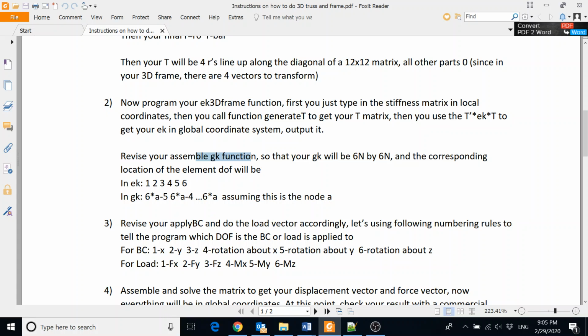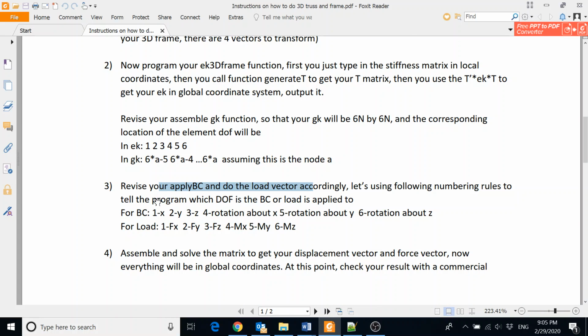After you do that, you get your apply BC and load vector, and then you can change those too. The only difference here is that before you're doing 2 degrees of freedom per node, but now you're doing 6 degrees of freedom.